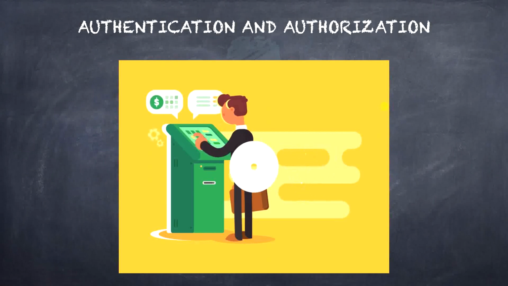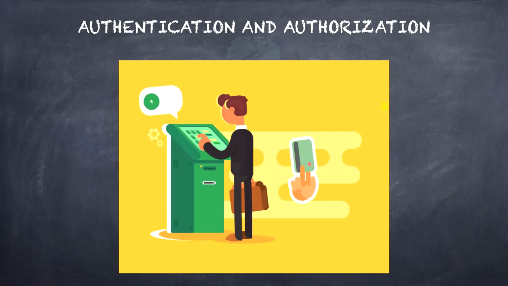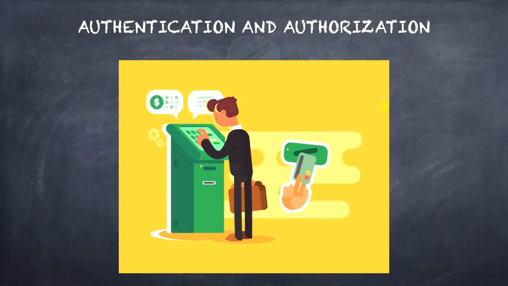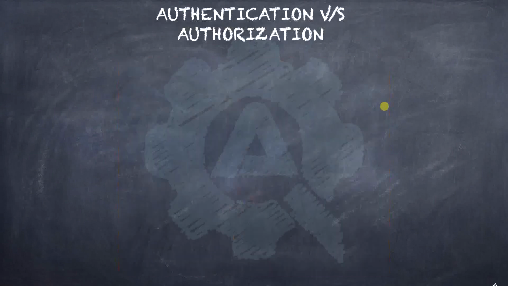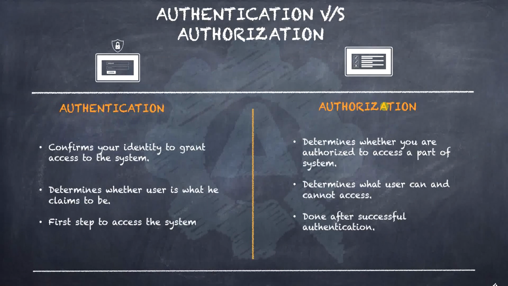Having learned about authentication and authorization by means of an example of withdrawal of money from the ATM, now it's time to understand the differences between the two. And to do that, we will use the same example. Speaking about authentication, it confirms your identity to grant access to the system. Basically, when we are presenting the ATM card and the secret code to the ATM machine, we are establishing our identity to the machine.